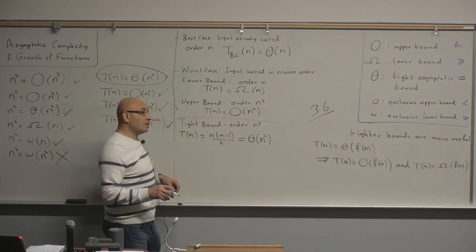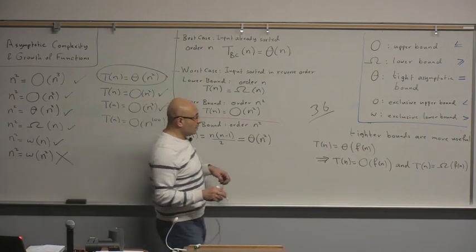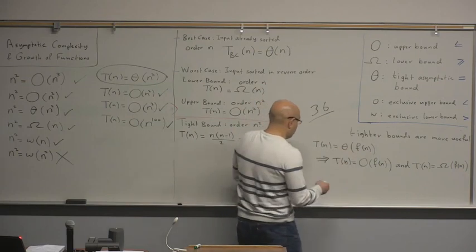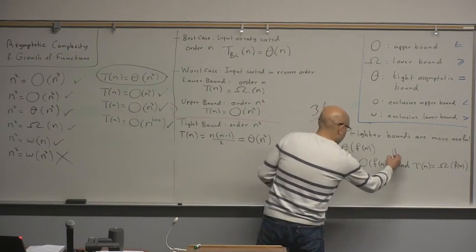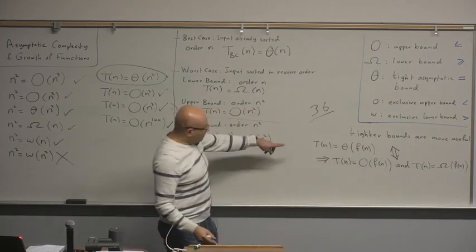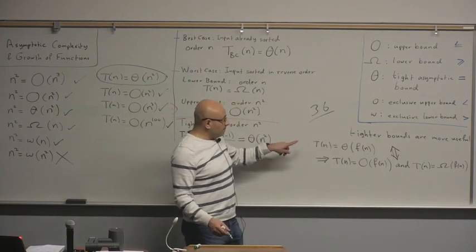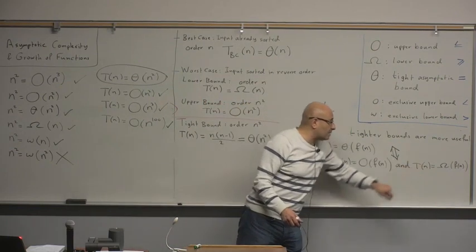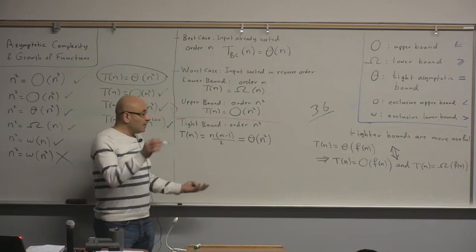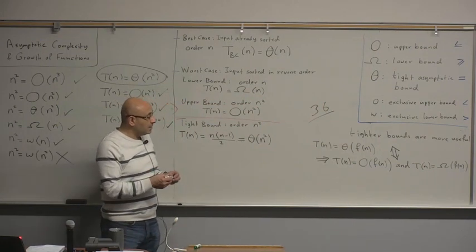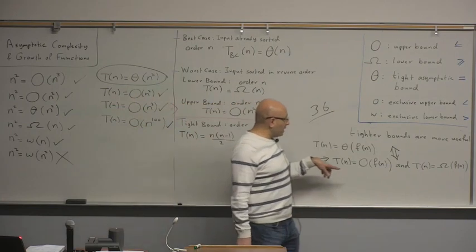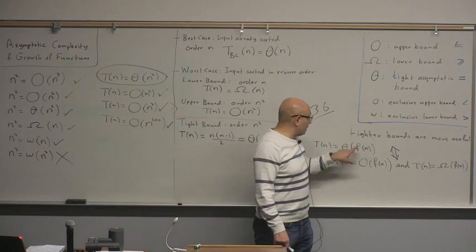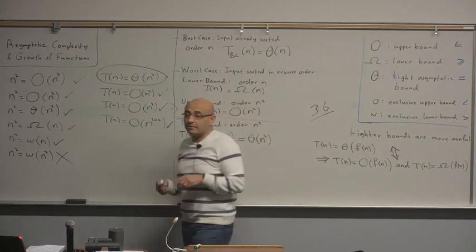In fact, the implication goes in both directions. The lower bound and the upper bound are f(n). And if you can calculate the upper bound and the lower bound, and they're both equal to f(n), this implies that T(n) = theta of f(n).